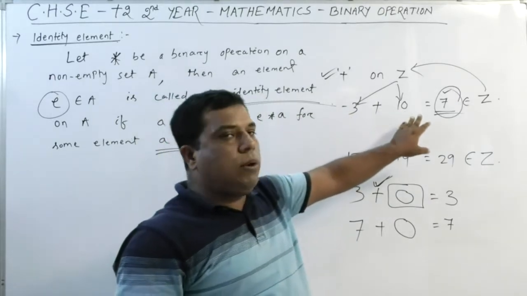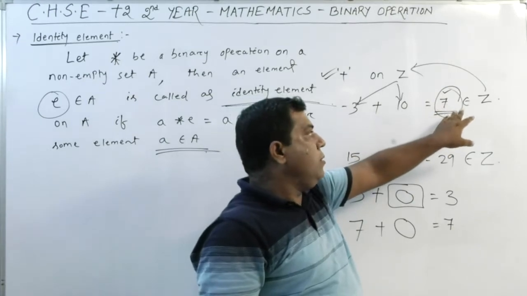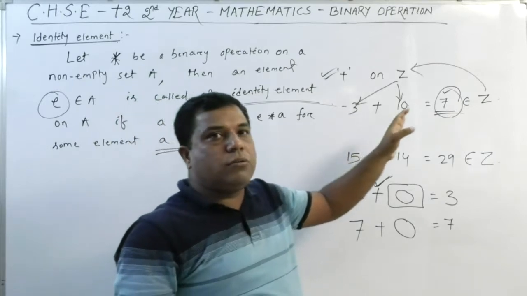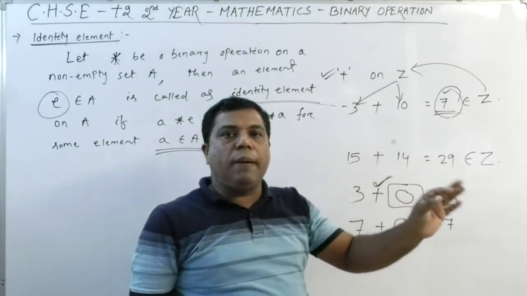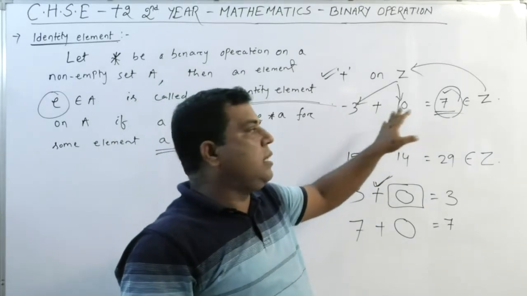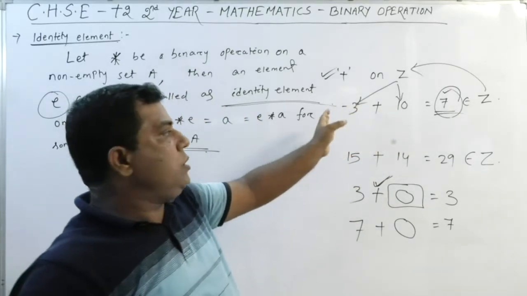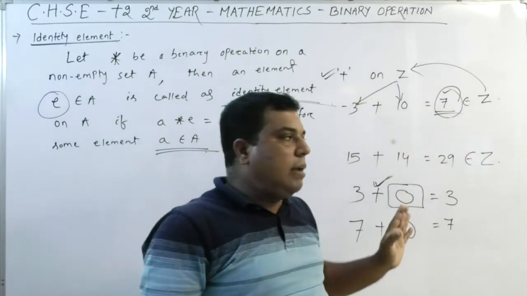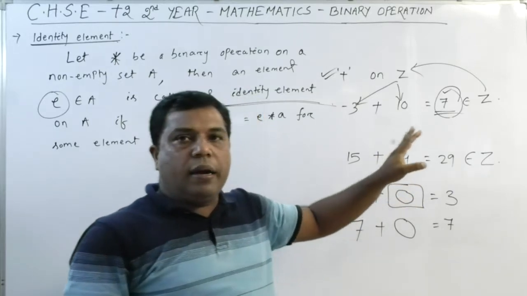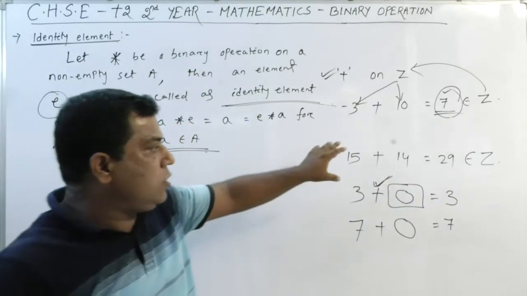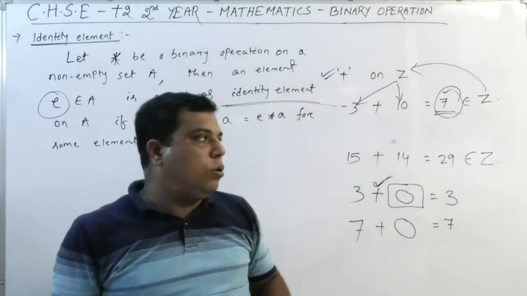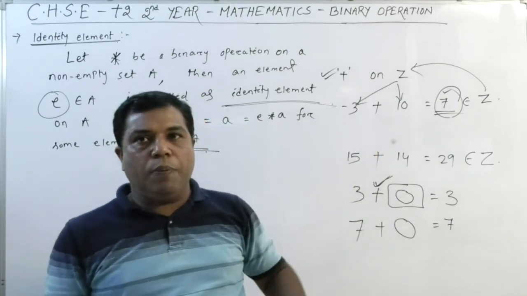So we take any two elements and verify the result belongs to the same set. Here also we take two different elements, operate with addition, and see the result belongs to the same set. Yes or no? So it is a binary operation.